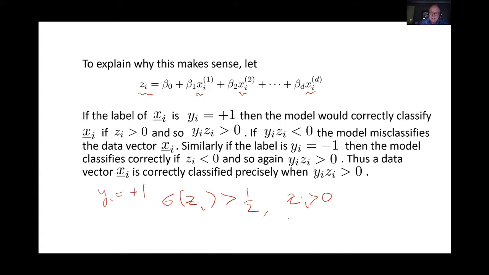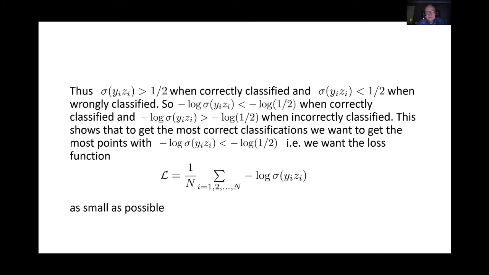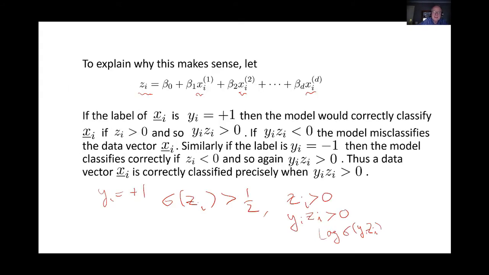And that's the same as saying that yi times zi is positive. And so that means that the log of sigma of yi zi is, since yi times zi is positive, sigma is bigger than a half. That means that log of this is bigger than log of a half.